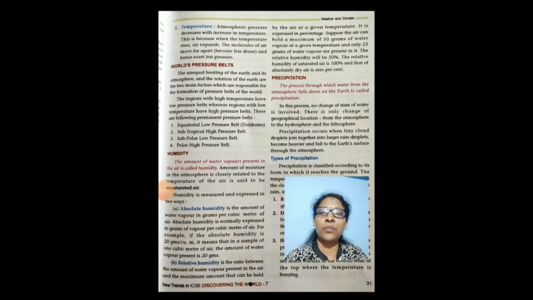The second factor of the atmospheric pressure is the temperature. Atmospheric pressure decreases with the increase in the temperature. This is because when the temperature rises, air starts expanding. So what happens? The molecules of the air start moving far apart, become less dense and hence exert less pressure.